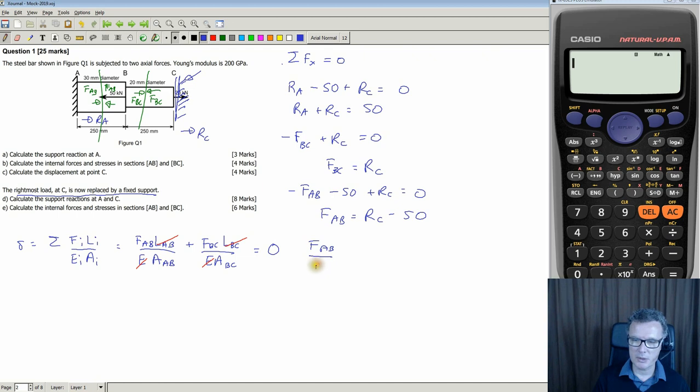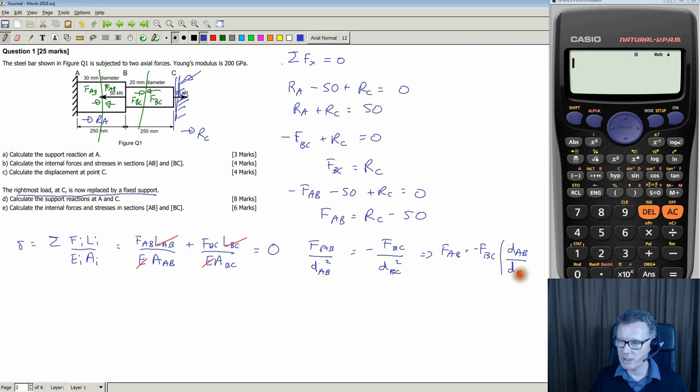So we've got diameter AB squared equals minus FBC over diameter BC squared. Okay, so I can say that FAB equals minus FBC. Notice all our units are cancelling out here. DAB over DBC, and then we're going to square that.